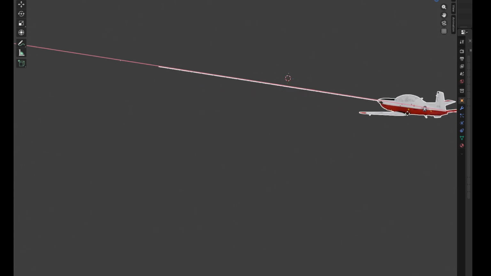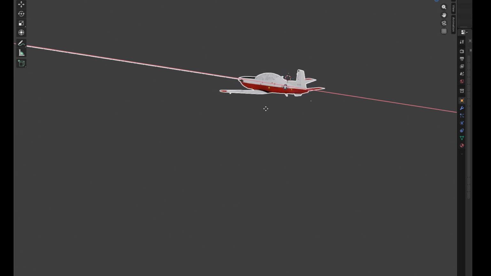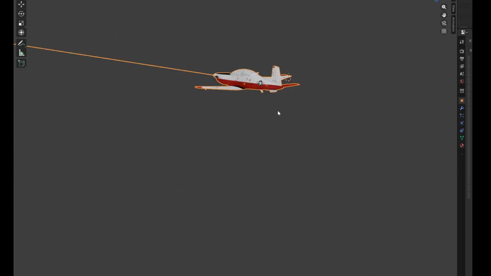If I saw that happening in my windscreen, what I would describe as an aft line of sight versus a slow line of sight. A slow aft line of sight would be something like this. The plane just barely moving aft in the canopy. Inversely, a rapid forward line of sight would be that. A slow forward line of sight would be something slightly slower.